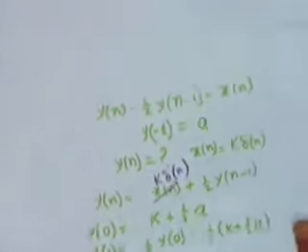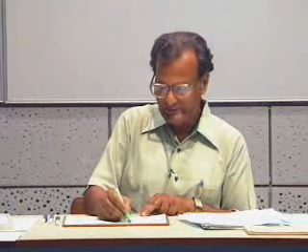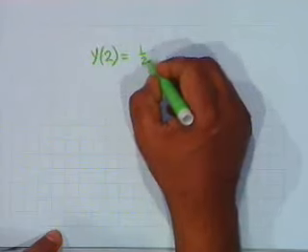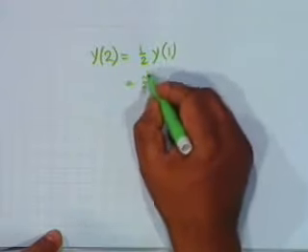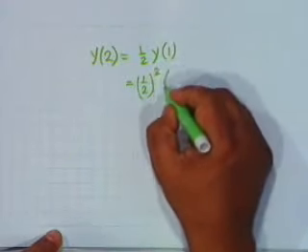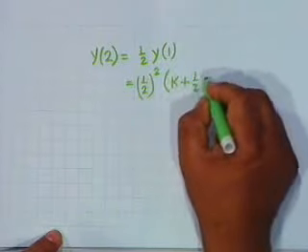If we continue this, y of 2 would be half of y of 1. So this would be half to the power 2 times k plus half a.